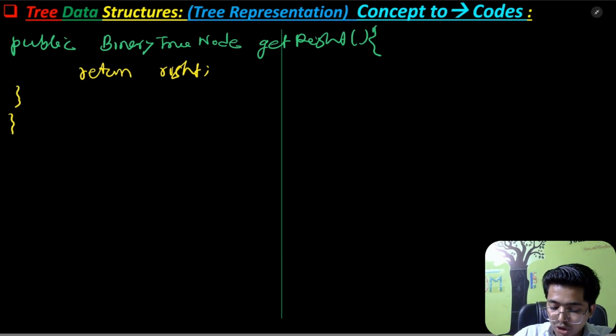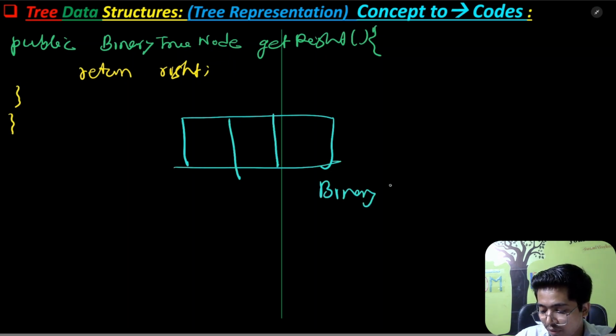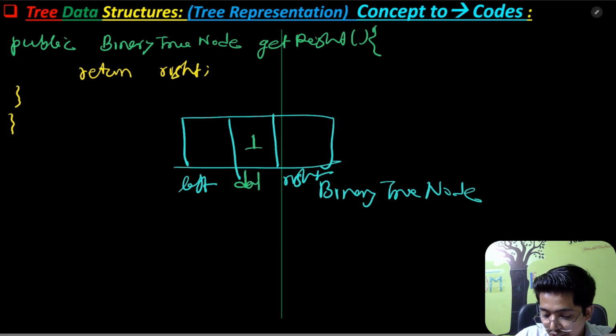So now after we have declared all the variables, constructors and getters and setters, we created the node. Let's recap how we created this node, the binary tree node in our Java file. First we declared the left and right as binary tree node references. Then this was the data where we store integer values, so we call it integer data.